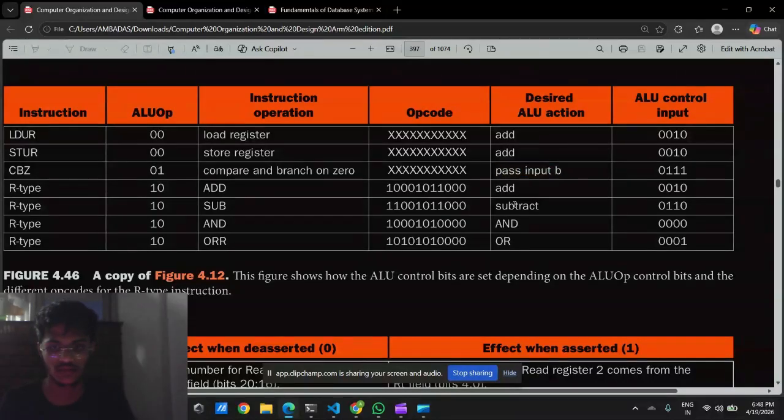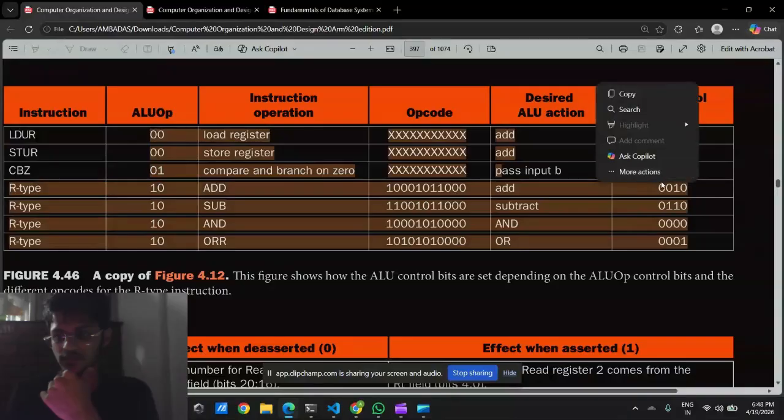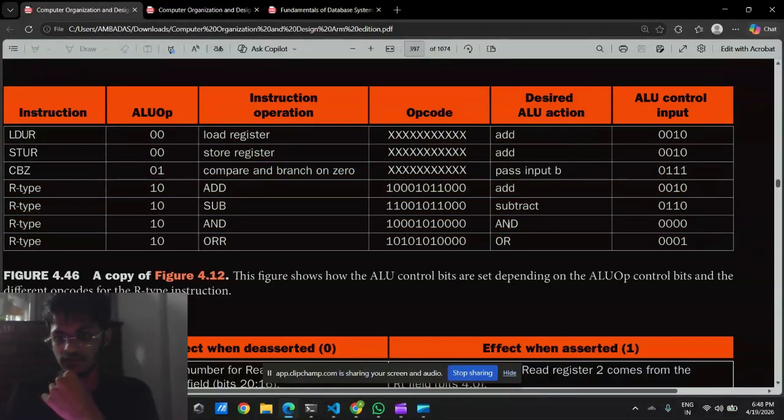And then these are the opcode fields for whether it's add, subtract, AND or OR. Based on this, we have some ALU control unit which controls. If it's an add, we have 10. If it's pass, then we have 111. If it's subtract, and this is all.